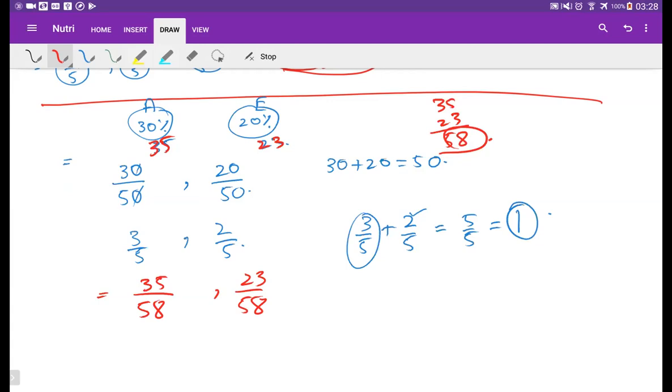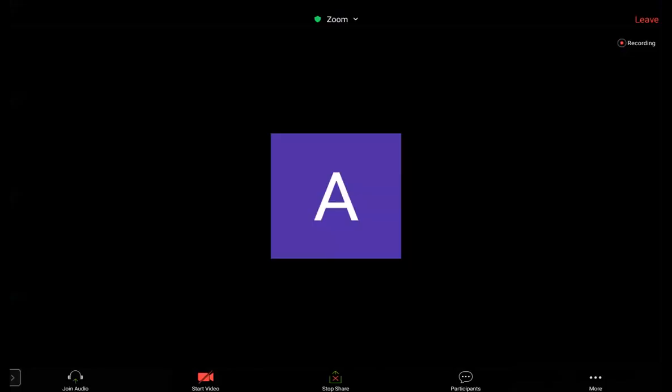Okay, now we just do one thing: I share my screen. I unshare my screen from Zoom, and here I go, I share my screen.